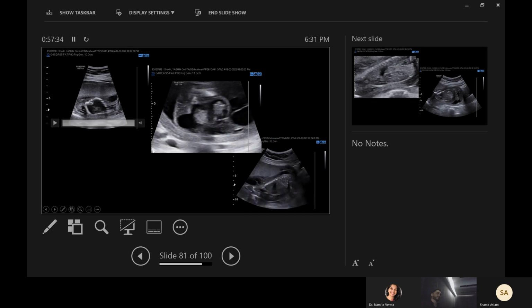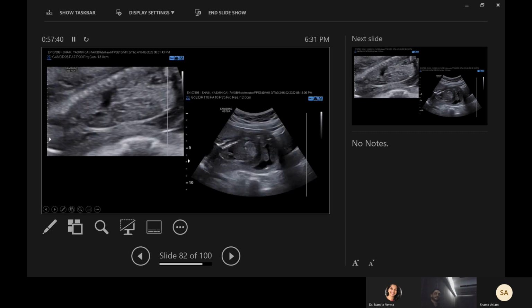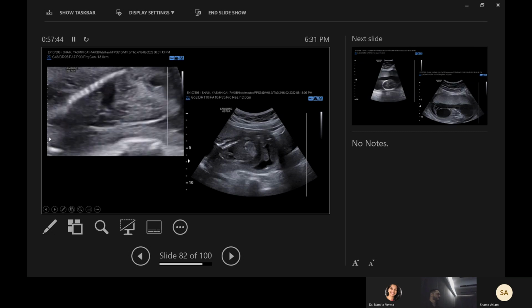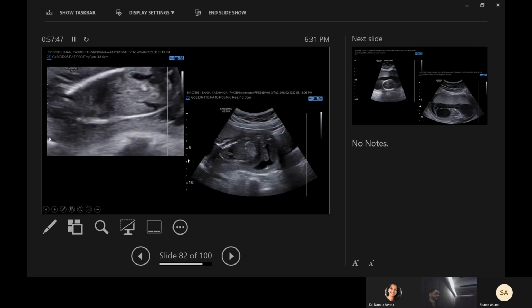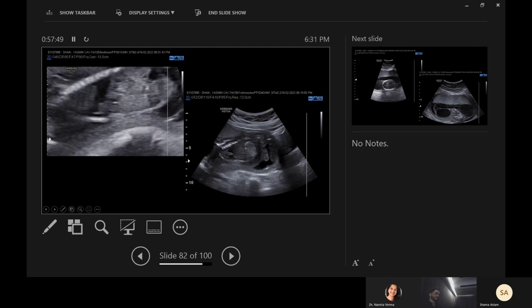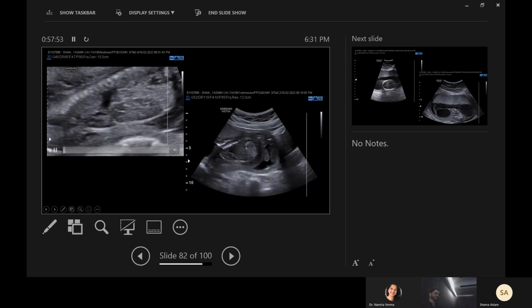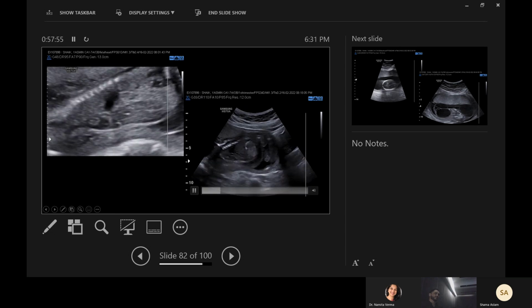We can think about hydrops because more than two cavities are having fluid. But I measured the MPI, myocardial performance index, it was normal. So this is incidental, heartbeat is looking very fast, but when I measured, it was normal heart rate.